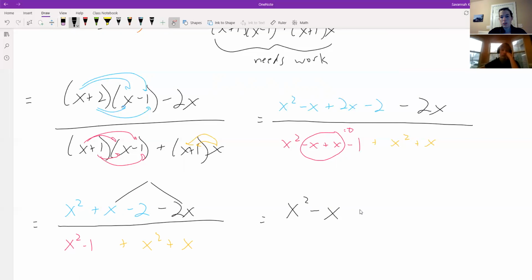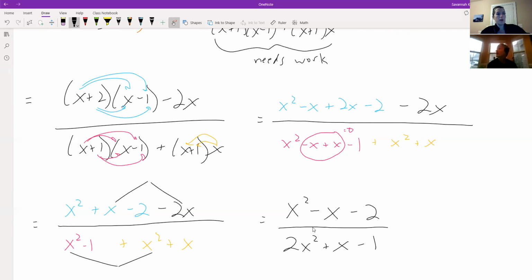And then a minus 2. And then on the bottom, I've got a couple of x squareds. I've got only 1x. And I've got only one number. It's just a negative 1.